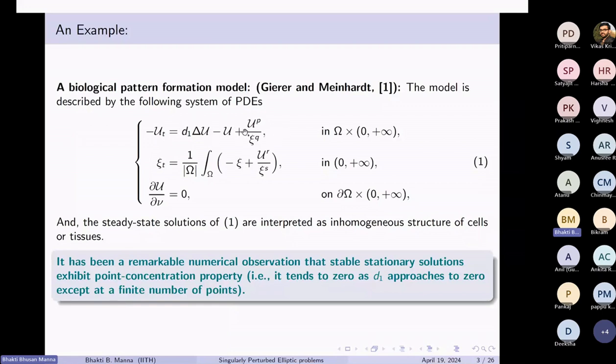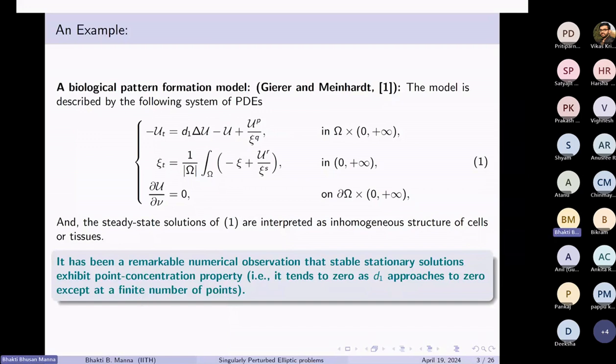If you see these equations, d1 is actually your perturbation parameter epsilon, and when you study this equation numerically, what the numerical solution gives is that for this small d, the solution concentrates, in the sense that the solution tends to 0 as d1 approaches 0, except at a finite number of points.